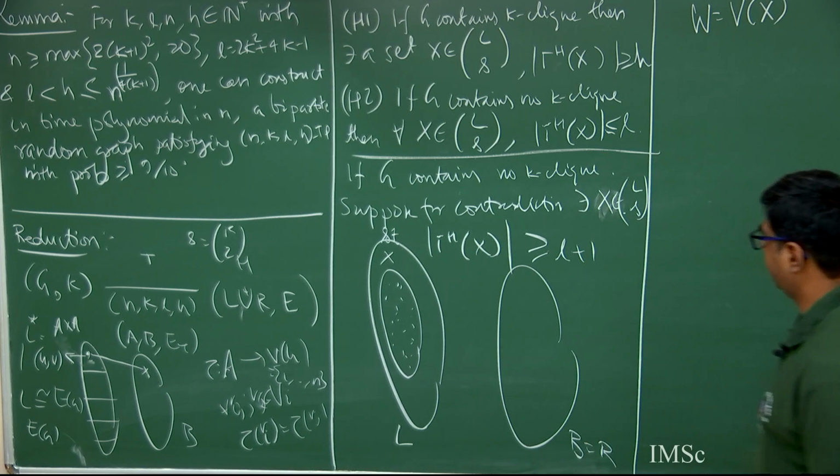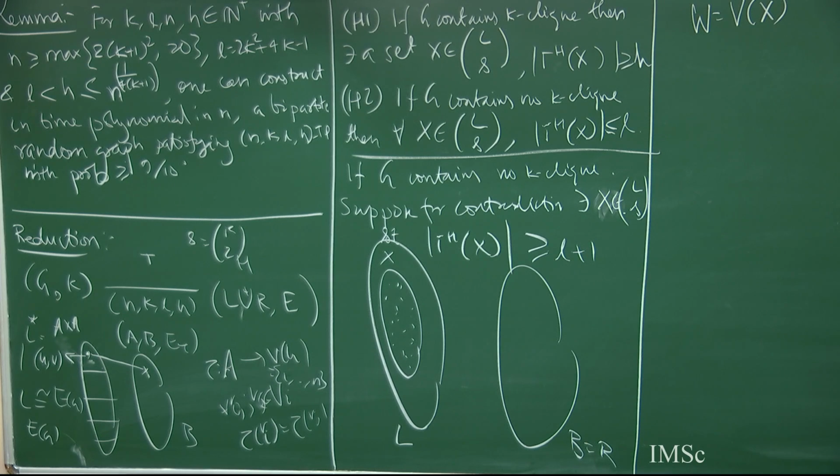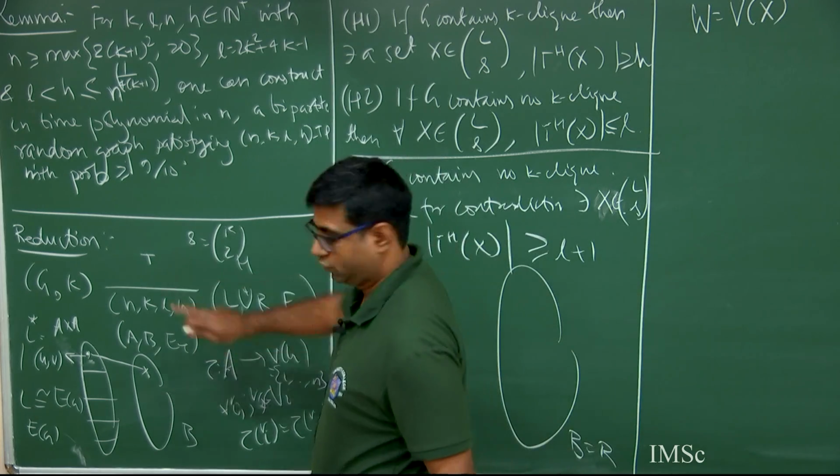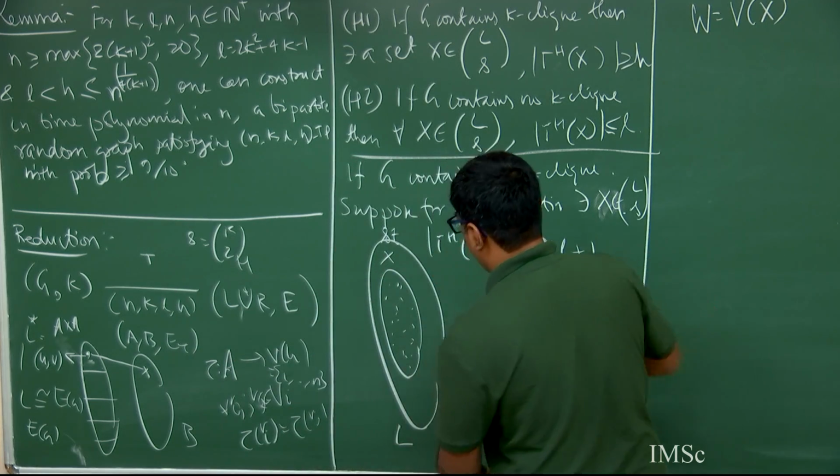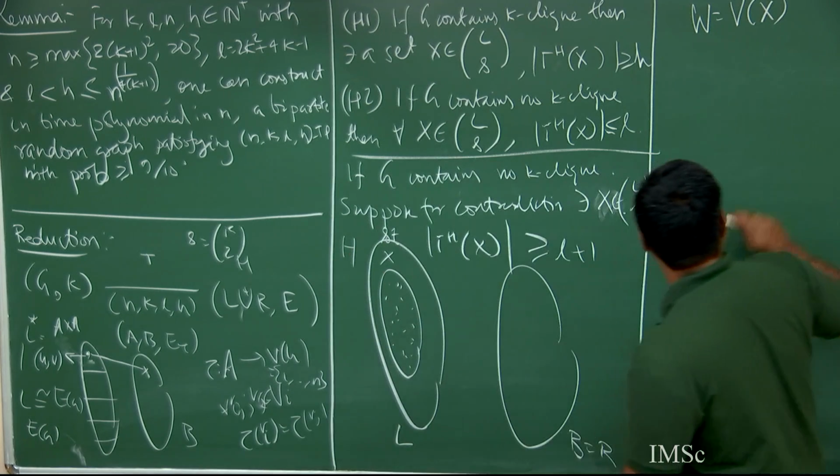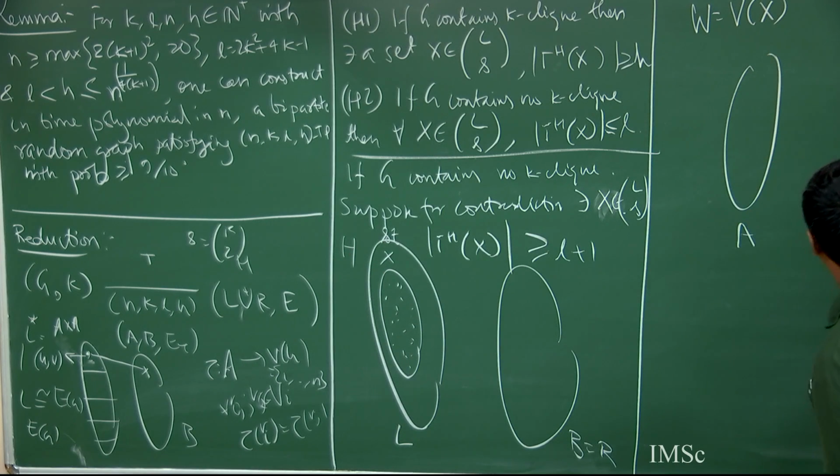So first of all, now we will go back to my threshold graph T. I have this L and R, this is my H, and my threshold graph is here, A and B. Now I want to look at W here.